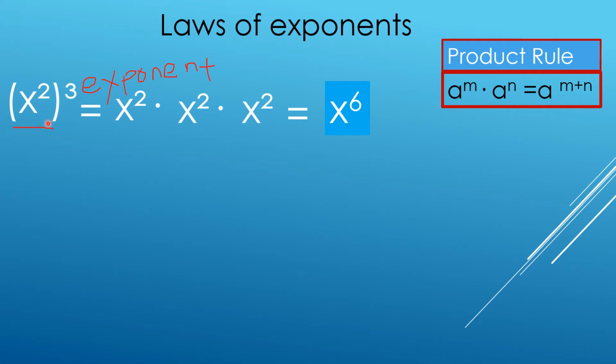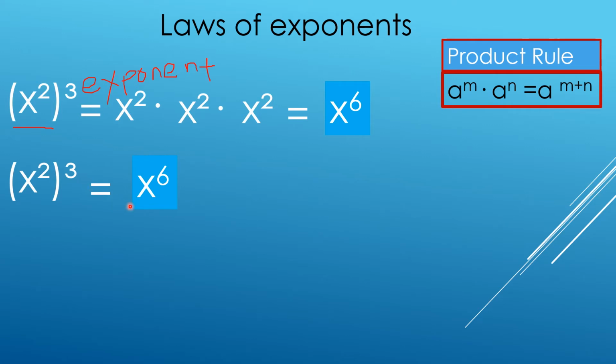Now, what about if this 3 is 10 or 20? It's hard to do it like this, right? Instead of doing that, since we know that the answer is x raised to the sixth power, we can get that simply by multiplying 2 times 3. Copy the base x, and then multiply the two exponents, 2 times 3, that is equal to 6.